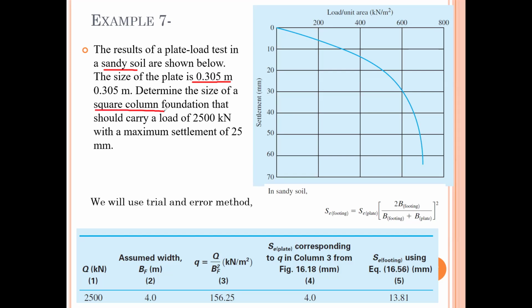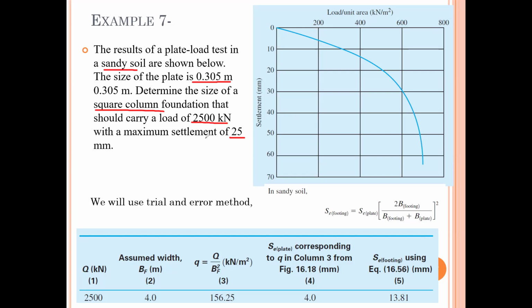Determine the size of the square column foundation that should carry a load of 2,500 kilonewton with a maximum settlement of 25 millimeters. So now you see, we have to satisfy two conditions.